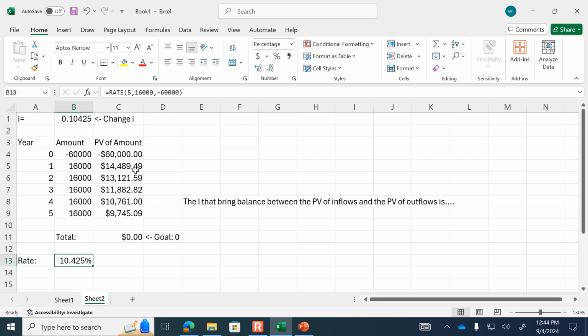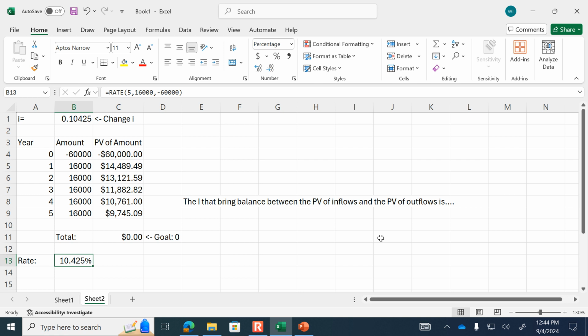And what it's doing in the background when you use the rate function is looking for what interest rate brings balance between a series of 5 payments of 16,000 and a single lump sum outflow of 60,000 that's already at the present. So it automatically does all of the things that I set up here as a table and calculates the interest rate.